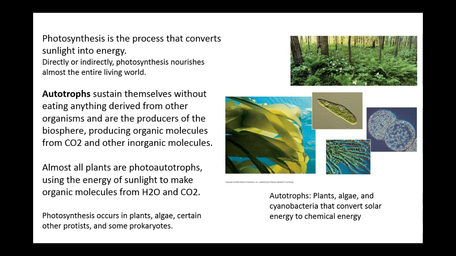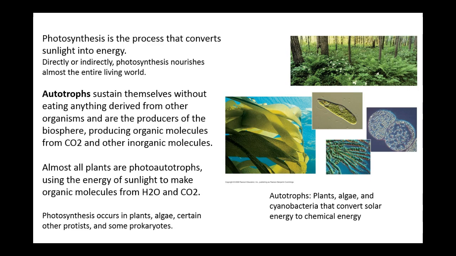The definition of photosynthesis is the process that converts sunlight to energy. And indirectly or directly, whichever way you want to put that, photosynthesis is what nourishes the entire living world. Photosynthesis is done by what's known as autotrophs. Autotrophs can sustain themselves without eating anything else.